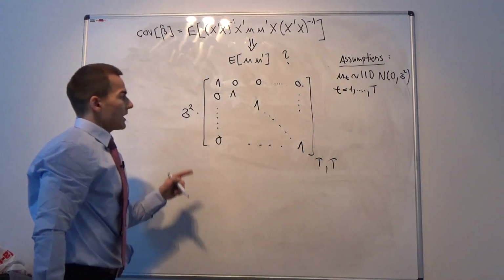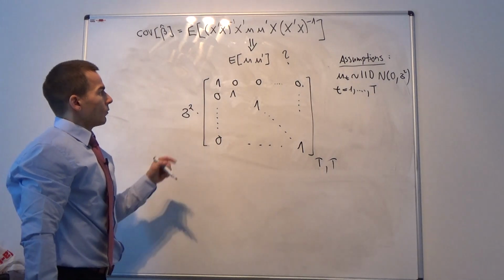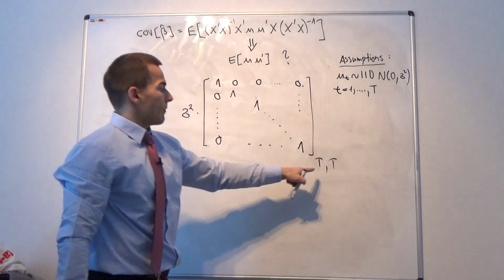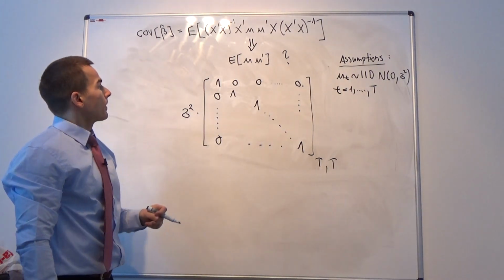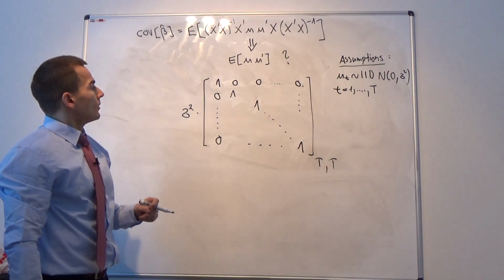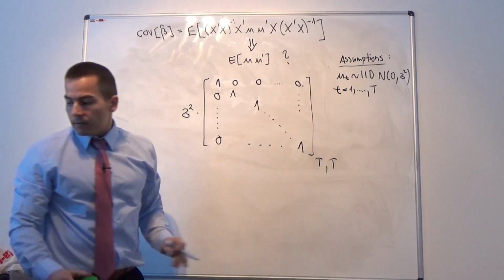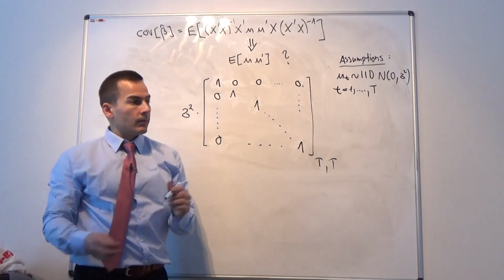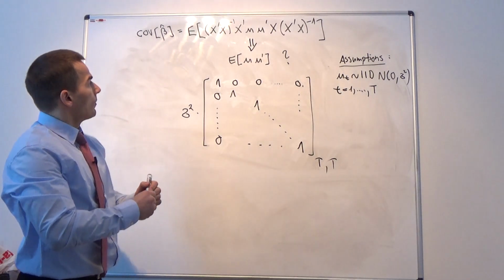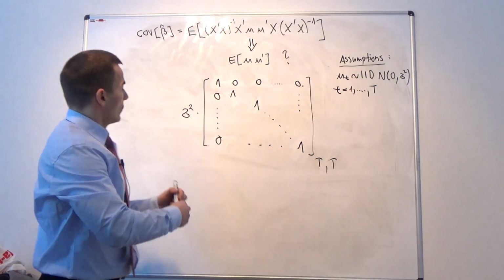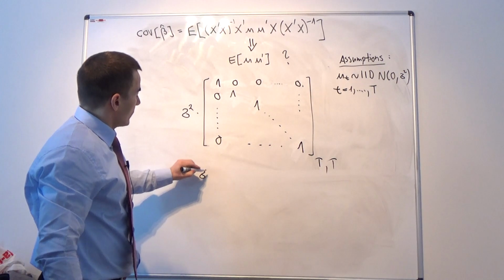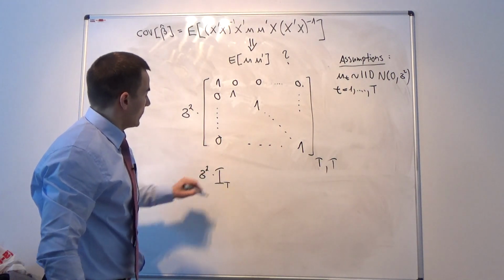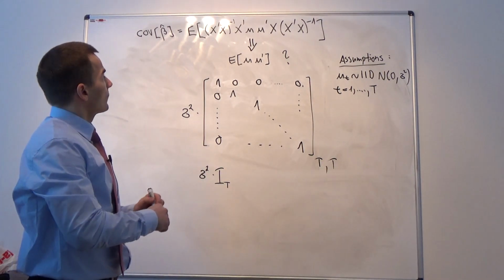So that's equivalent. What's that guy here? That's the identity matrix of dimension t by t. So what we can do next is rewrite this guy as sigma square times the identity matrix of dimension t.